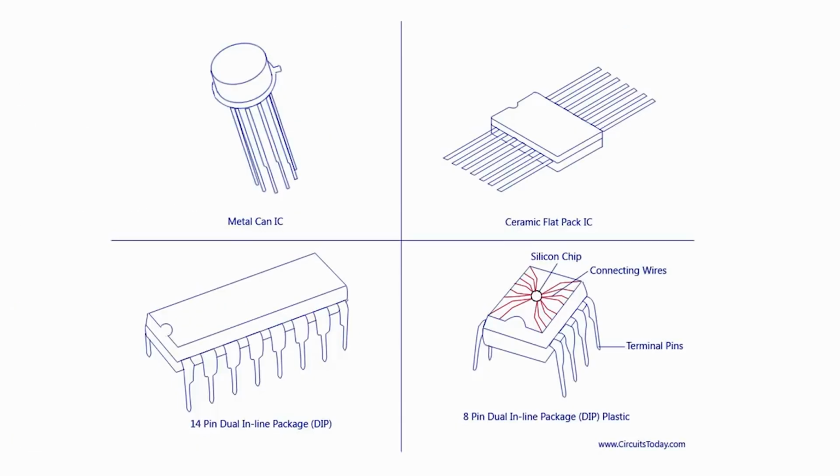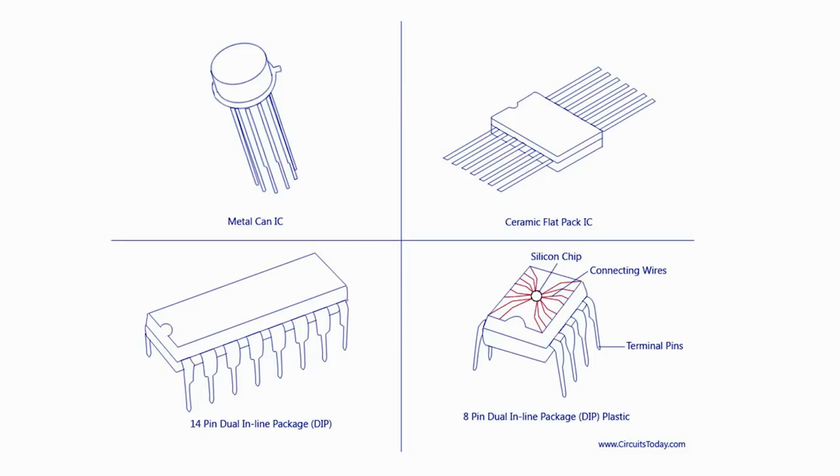Okay. So, these are some of the ICs in a schematic that I have taken from circuitstoday.com. This is a website from which I got this schematic. The idea is to use it and to show students the kinds of ICs that you generally come across.